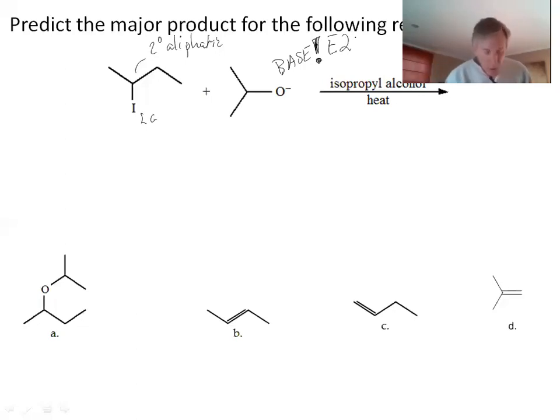And therefore, I want to look at the beta hydrogens. Where are all the beta hydrogens attached to my alpha carbon? So then draw them out. Here is a hydrogen, hydrogen, hydrogen. These are all beta hydrogens.